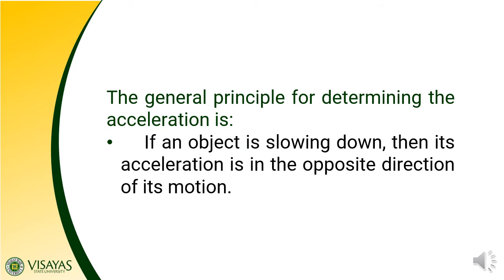If an object is slowing down, then its acceleration is in the opposite direction of its motion. We must remember this general principle for us to determine the direction of the acceleration.